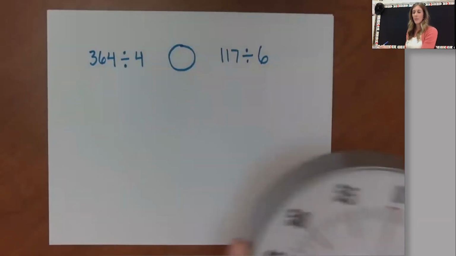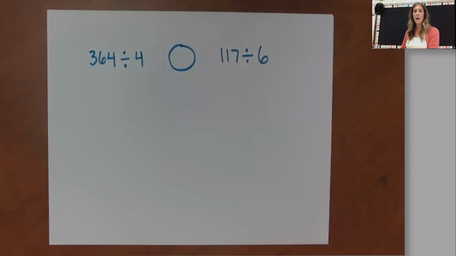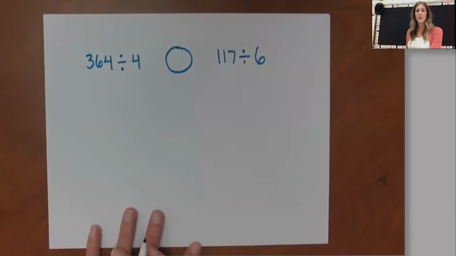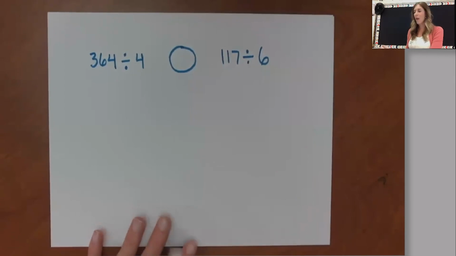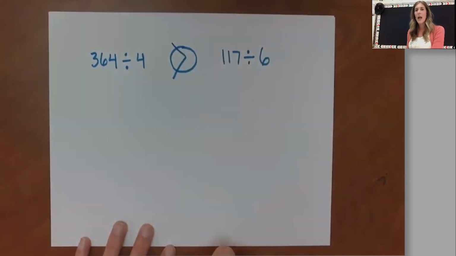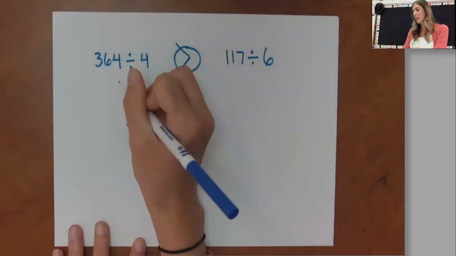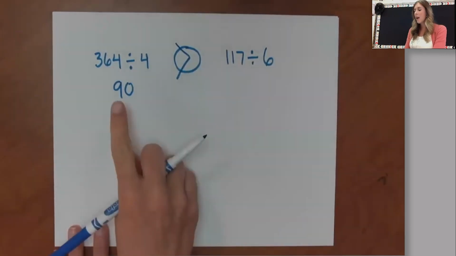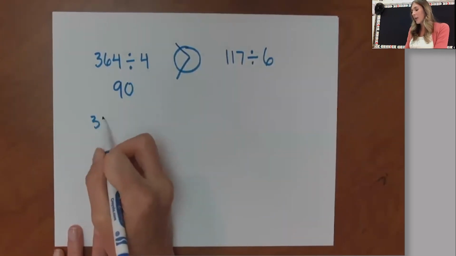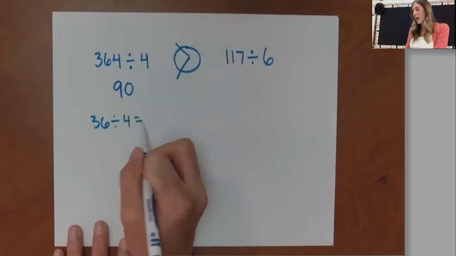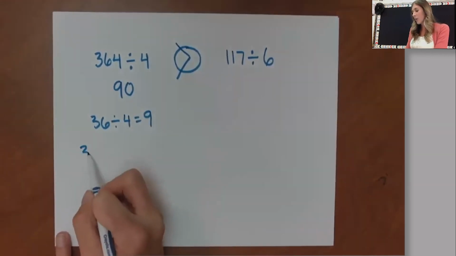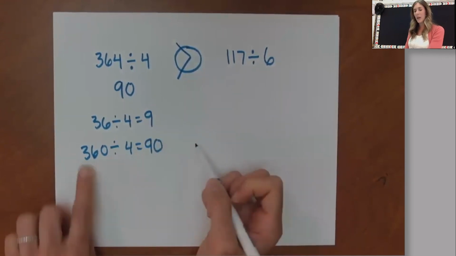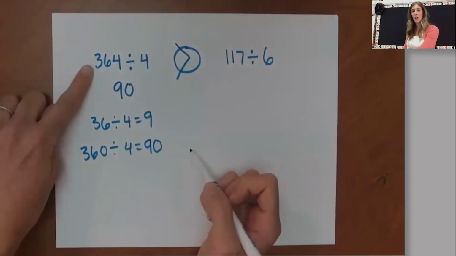Okay, how did you do? 364 divided by 4 is greater than, less than, or equal to 117 divided by 6. Very good. It is greater than. I estimated the first quotient to be 90. You may have chosen a different compatible number, and that's okay. 90, because I know that 36 divided by 4 is 9. So 360 divided by 4 is 90. 360 was the compatible number I chose.